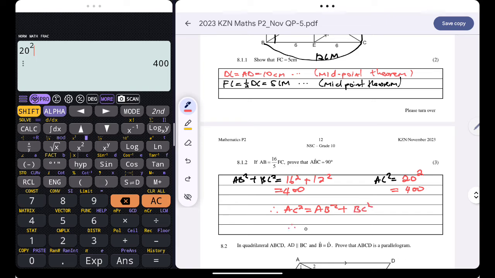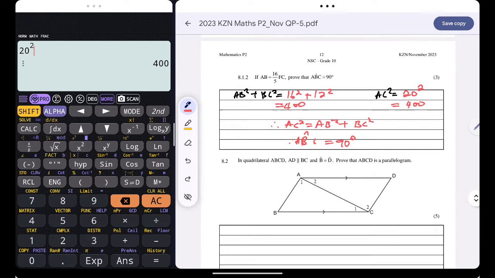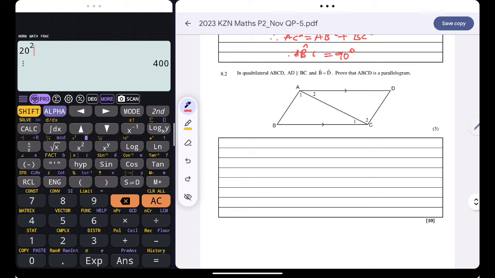Therefore, AC is the hypotenuse, and hence angle B, or rather angle ABC, is the one which is equal to 90 degrees. Why? Because it is opposite the hypotenuse. Are we together? Okay.